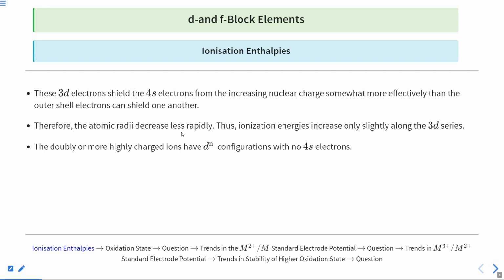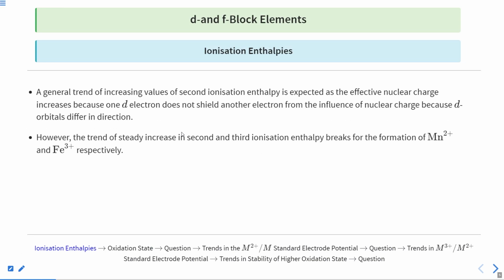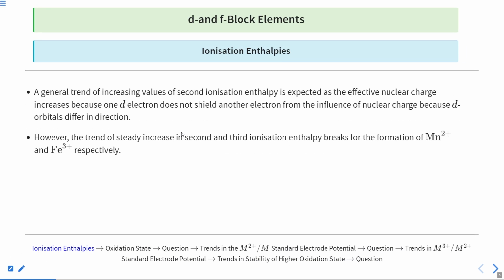Thus, the ionization energy increases only slightly along the 3d series. The doubly or more highly charged ions have d^n configuration with no 4s electron. So these are some general points. You can just look over it. I've already explained the reason behind that trend. Clear? Okay. A general trend of increasing.